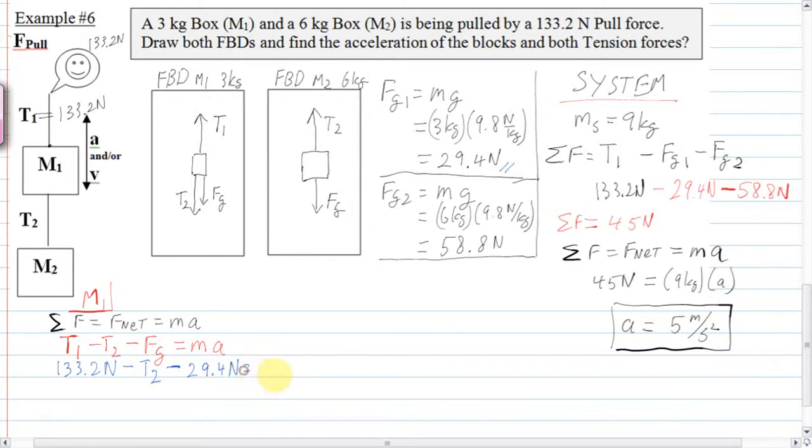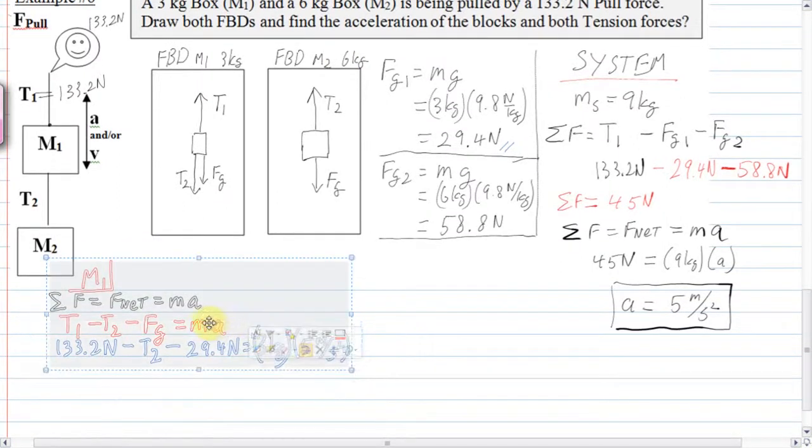And that has to equal the mass 3 times the acceleration, which is 5. Whew, that's a pretty big calculation. I'm just going to move that over to the side because I'll be needing a little bit more room.